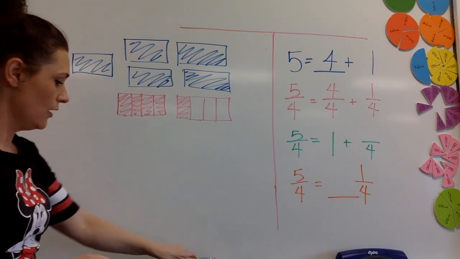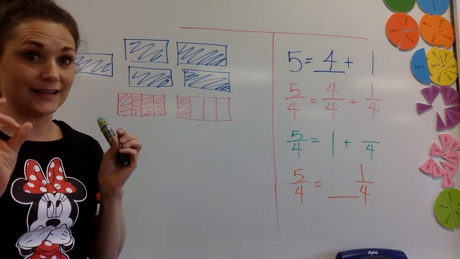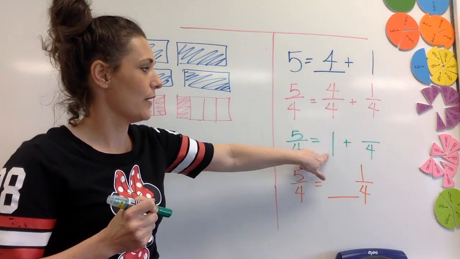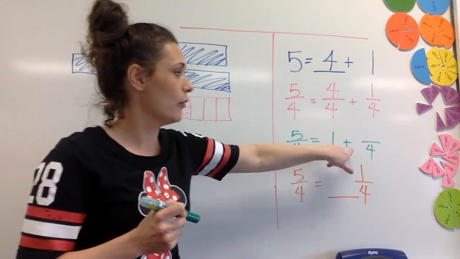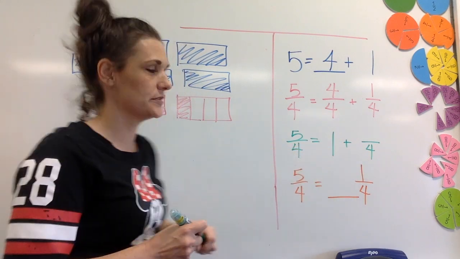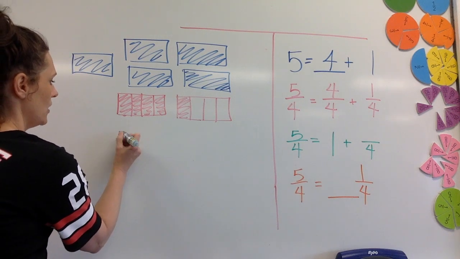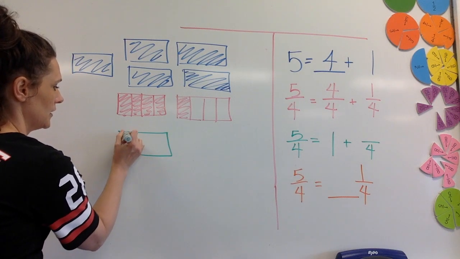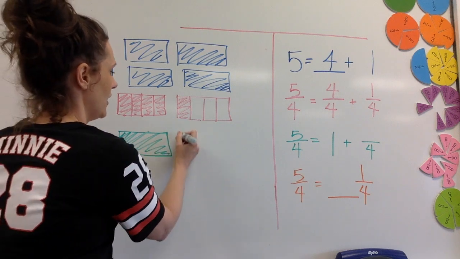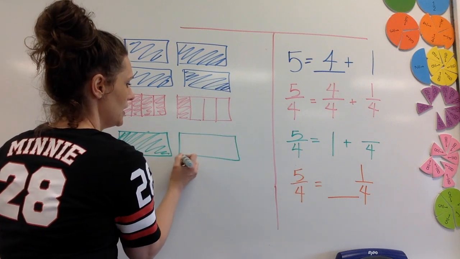Okay, now we're going to move and think of it in a little bit different way. We've got 5/4 again, but now we have 1 whole plus how many more do we need to make that 5/4? So I'm going to draw that 1 whole right here. And now I've got to have something fourths.